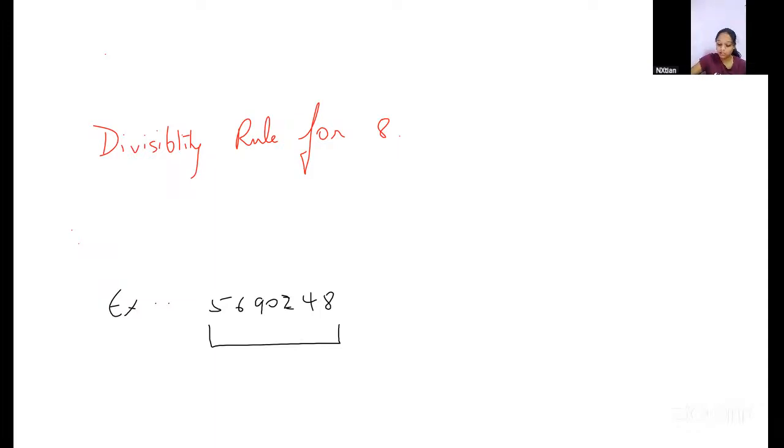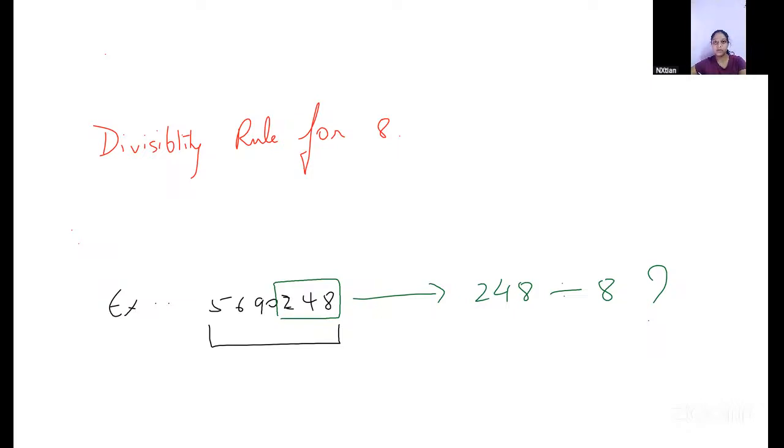We have to see the last 3 digits. We have to check if the last 3 digits are divisible by 8 or not. You have to divide the last 3 digits by 8. If it divides, then yes, the whole number is divisible by 8. If not, then the number is not divisible by 8.